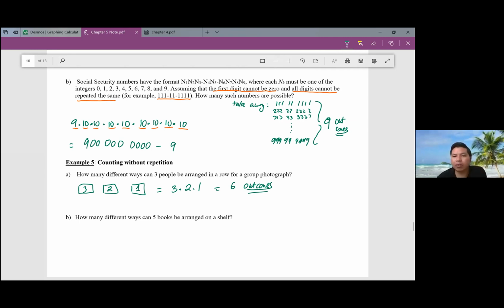Make sense, everyone? Yeah, because think of the logic, right? The first position, any of the 3 friends can be in the first position. But then if one of the 3 is already chosen, now you only have 2 friends left to choose from for the second position. If another one says I'm going to sit in the middle, then there's only one option left for the last one, right? Remember degrees of freedom? We talked about that before.